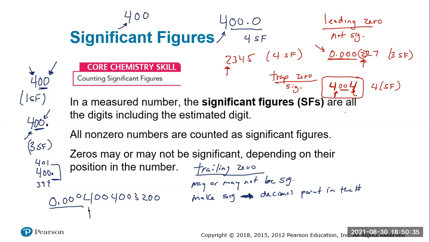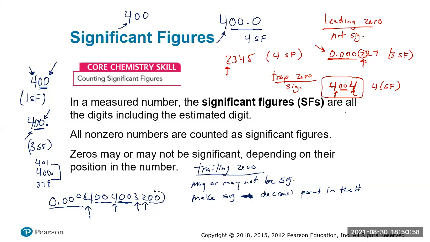We really wouldn't start counting until we hit this 4 right here. Then we come across 2 zeros that are trapped between non-zero numbers, which means they would be significant. Obviously, the 4 is still significant. We then come across another set of zeros trapped between 2 non-zeros, so those would be significant. This guy would be significant.